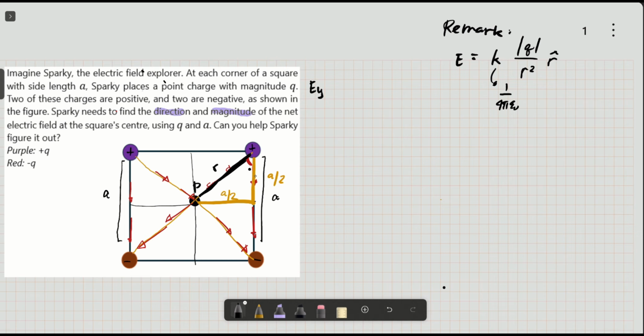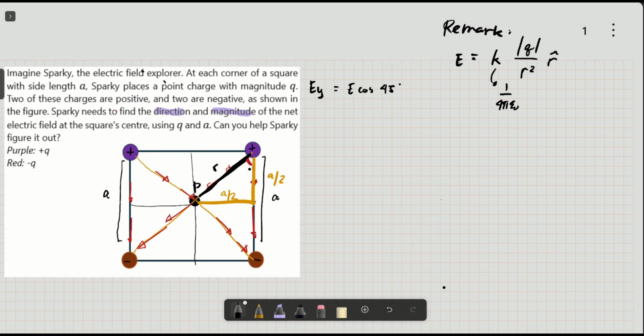And why do we not need our x-axis to be considered here? Because for both lengths, the fields along the x-axis would be cancelled out. Now, modifying this equation, your EY, because we only have EY, should be equal to E cosine 45 degrees.